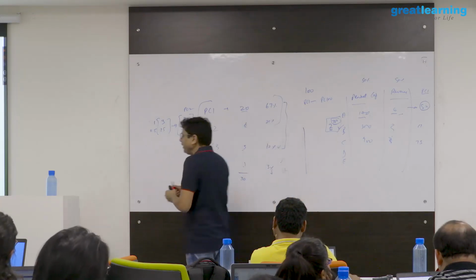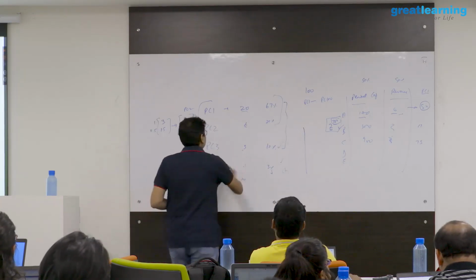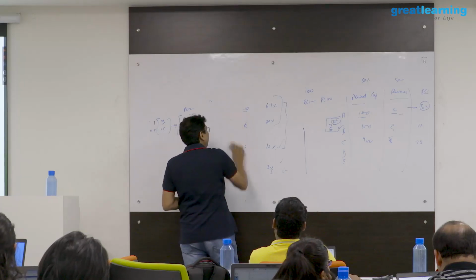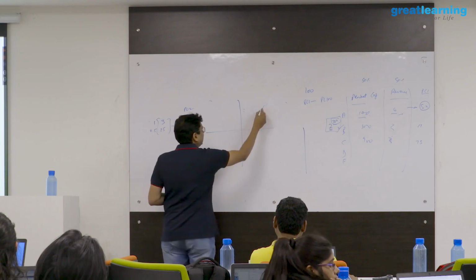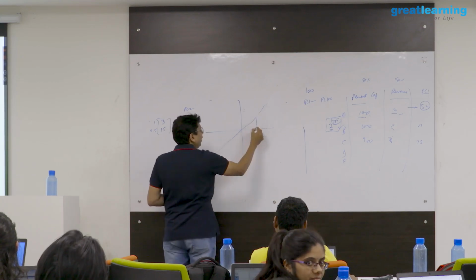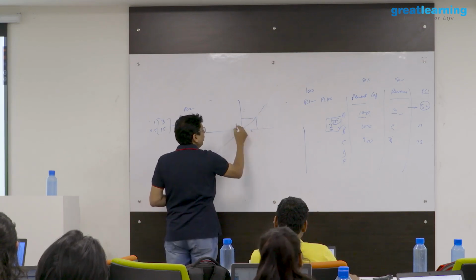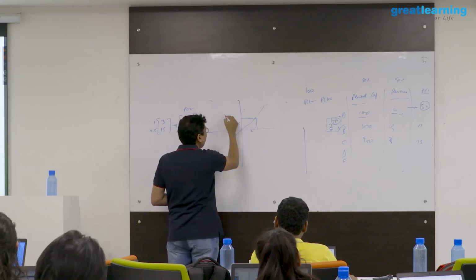Okay, let me rub it off. That could be the case, but ultimately it has to be perpendicular. So if this is the line PC1, and this is 3 and this is 1.5, that's what we are saying. So we have a perpendicular line.